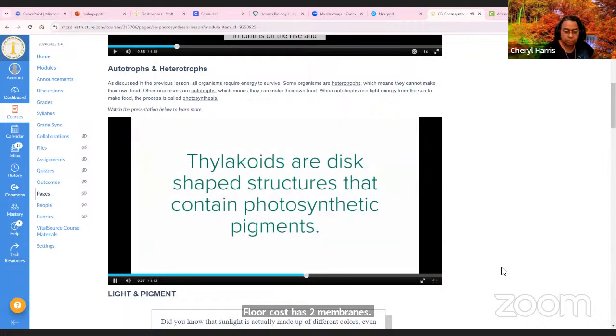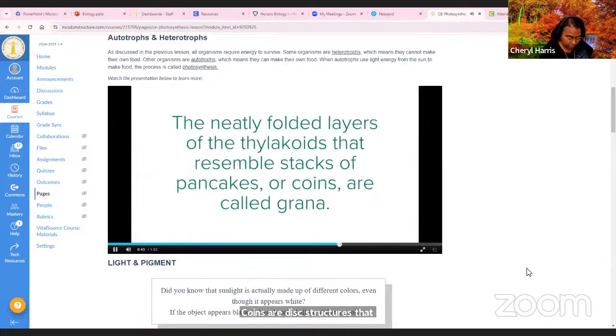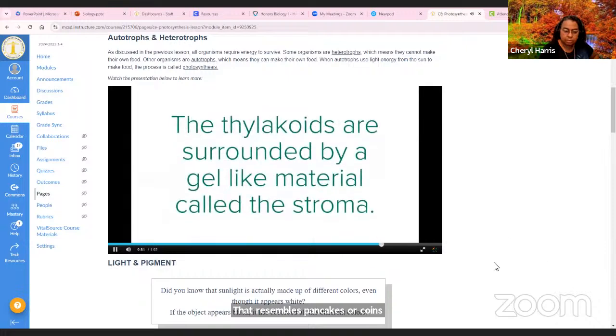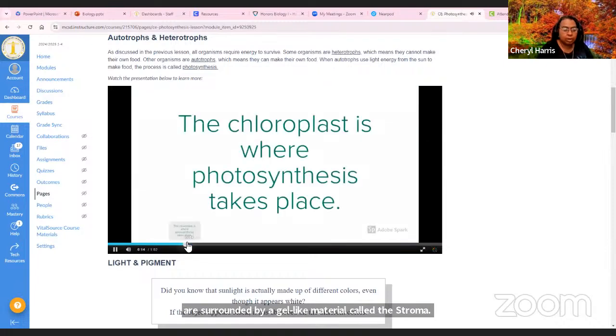Thylakoids are disc-shaped structures that contain photosynthetic pigments. The neatly folded layers of the thylakoids that resemble stacks of pancakes or coins are called grana. The thylakoids are surrounded by a gel-like material called the stroma.